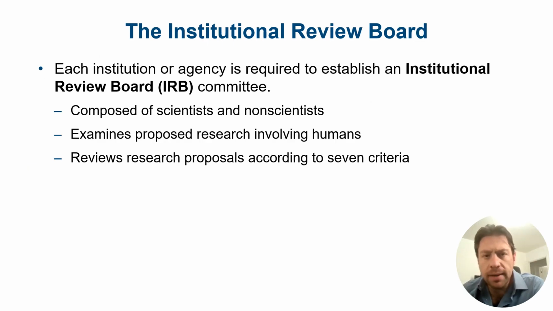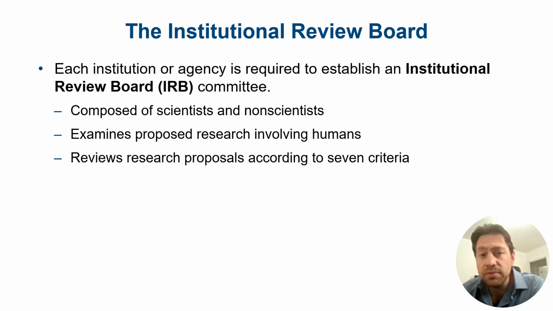So the U.S. Department of Health and Human Services requires that all research involving human participants is reviewed by a panel, a committee called the Institutional Review Board, the IRB. And this has to be in place for any institution that receives government funding.